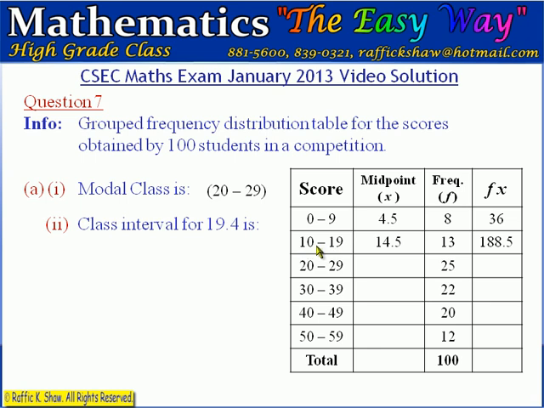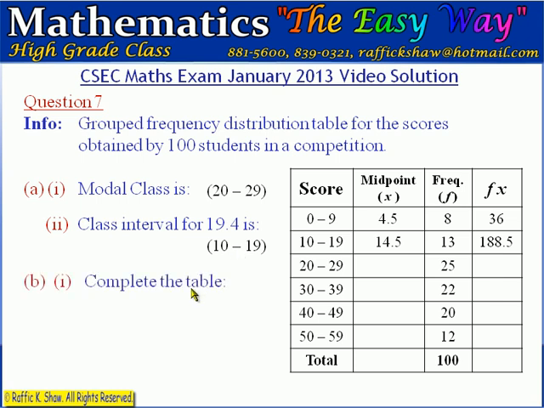In fact, this second group would take boundary values from 9.5 up to below 19.5. The boundary values for this group are 9.5 and 19.5. And so a score of 19.4 will be placed in this second group, 10 to 19. And so the answer for this is 10 to 19. A score of 19.4 will be placed in the 10 to 19 group.